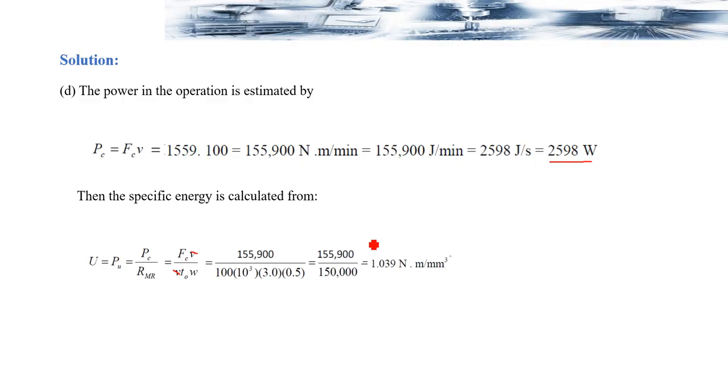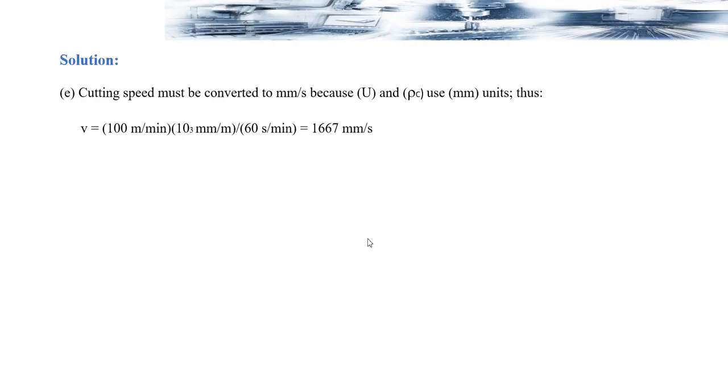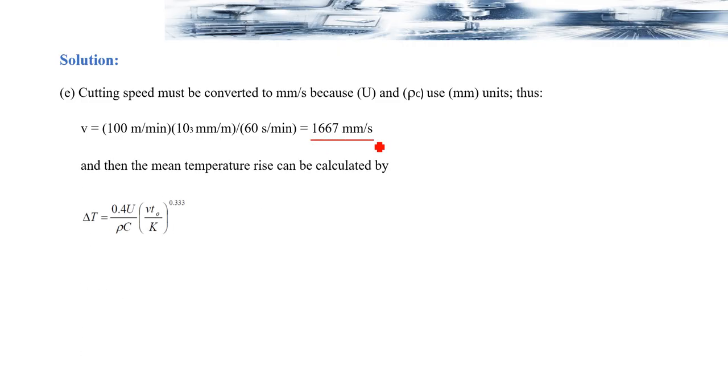Now, the last thing I think is going to be finding the temperature. So the cutting speed must be converted to millimeter per second because U and the rho C are given to us in millimeter units. Thus, the velocity is going to be equal to 1,667 millimeter per second. Now let's put everything in the Cook equation.